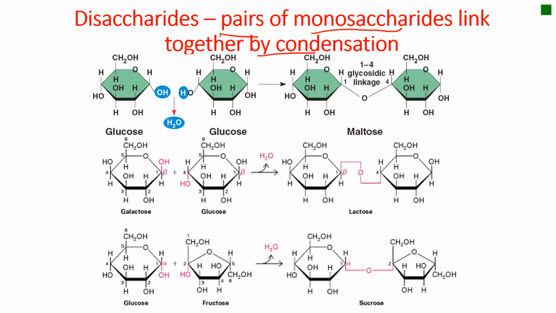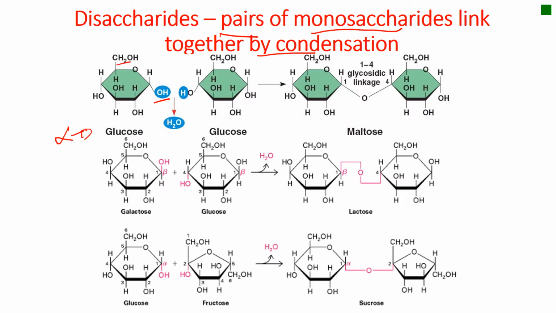You can see from here, this is D-glucose. Can you guess, is it alpha or beta? Yes, it's alpha. Why? Because the hydroxyl group, or the OH, is located opposite from the side chain.